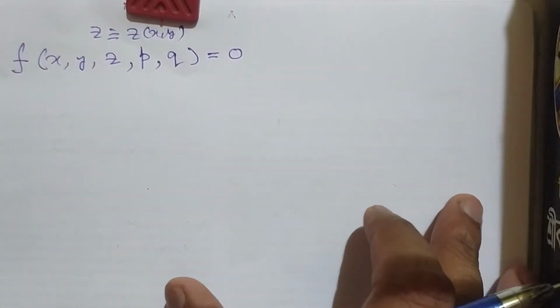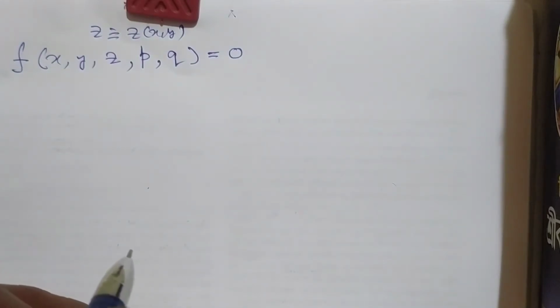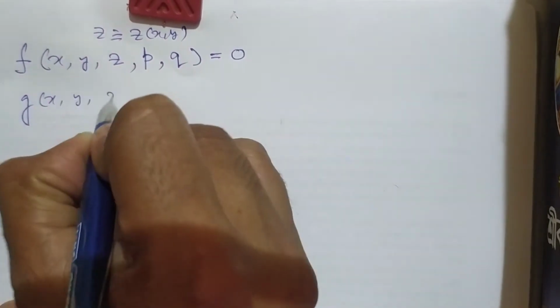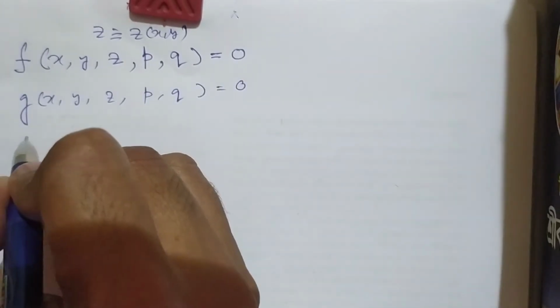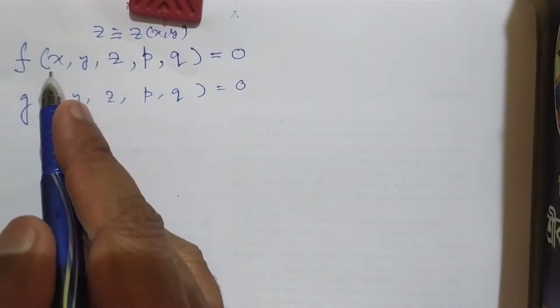Now, what Charpit's method does is introduce another partial differential equation of first order, written as g(x, y, z, p, q) = 0, but the condition is that g should be compatible with the given equation f.